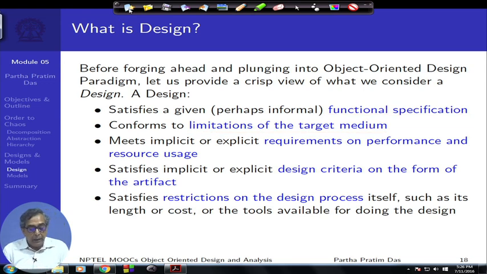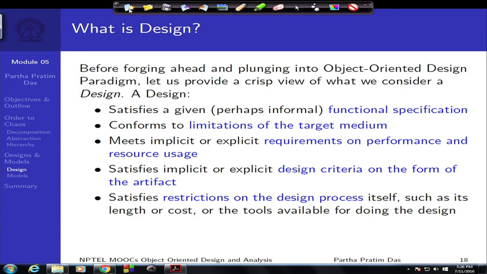The third, it must meet implicit or explicit requirements of performance and resource usage. I can say that theoretically any algorithm can be implemented on any system, even if it has a couple of bytes of memory, but that is not what will give you a working system, that is not what will give you a working design.